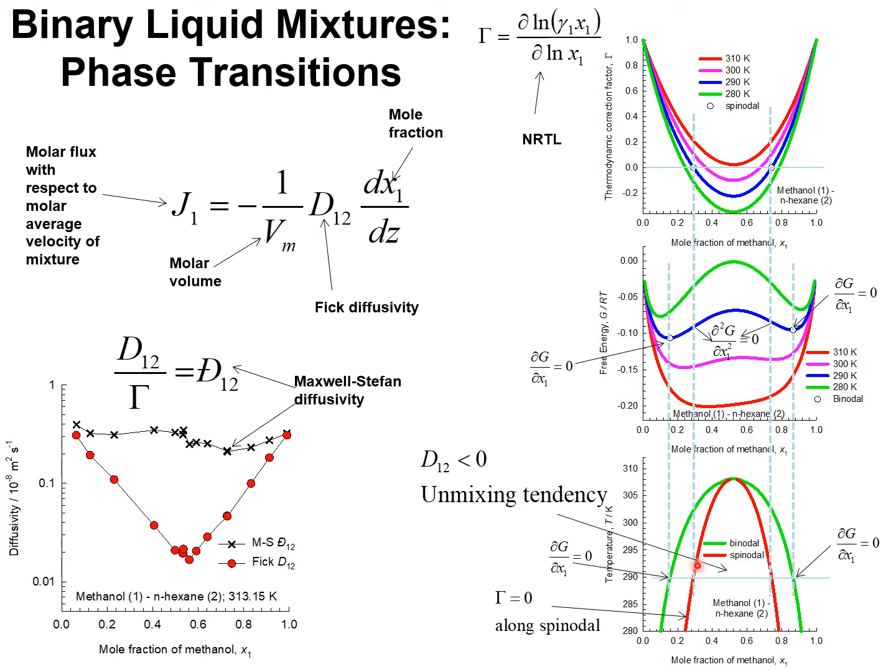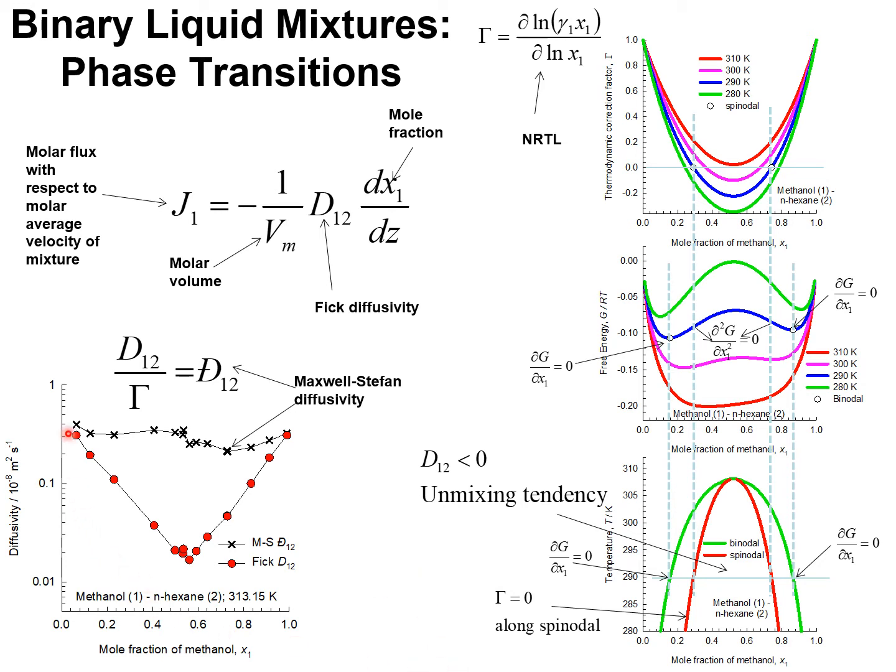The area between the spinodal curve and the binodal curve is a metastable region. A different way of expressing the phase splitting phenomena is to say that the Fick diffusivity is negative in this region.